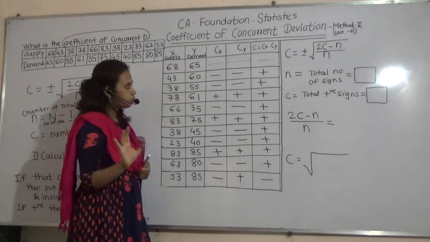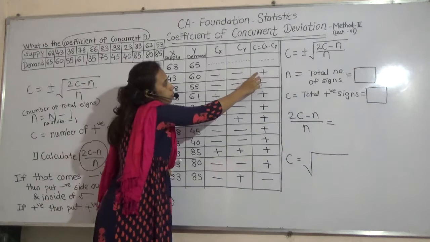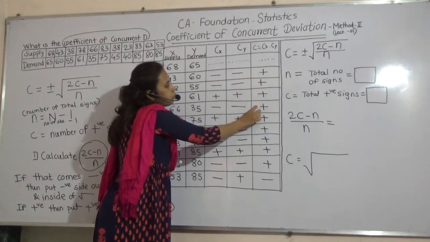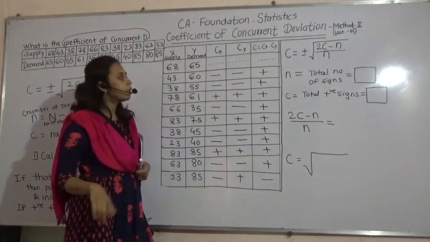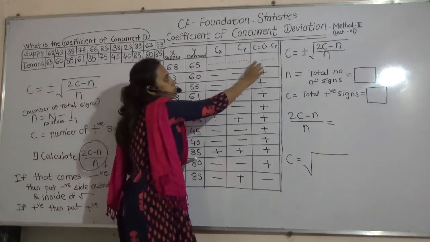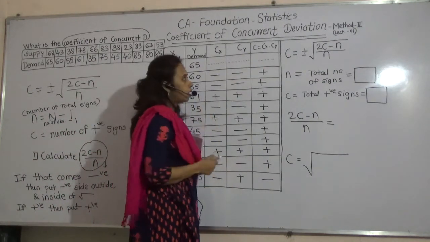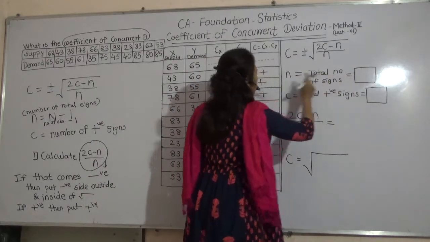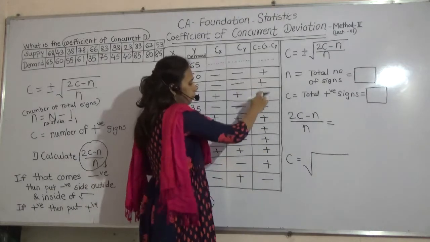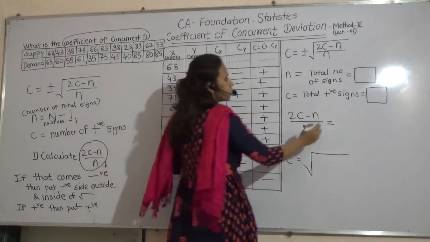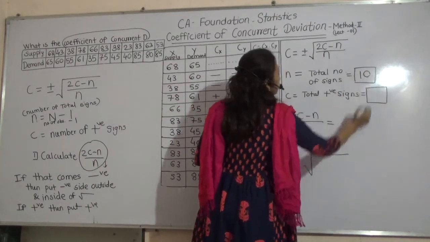Otherwise, the best option is to count the total number of signs: 1, 2, 3, 4, 5, 6, 7, 8, 9, 10. It is always less than 1 because in the first column it's blank. So for the total number of signs, ignore plus or minus, we have to consider all the signs. If you count all the signs, it comes to 10.